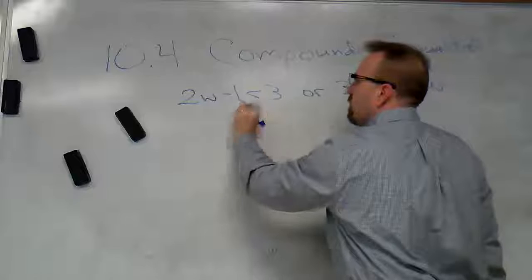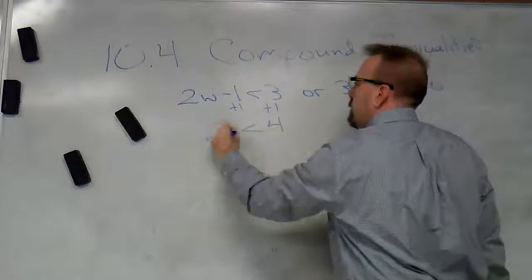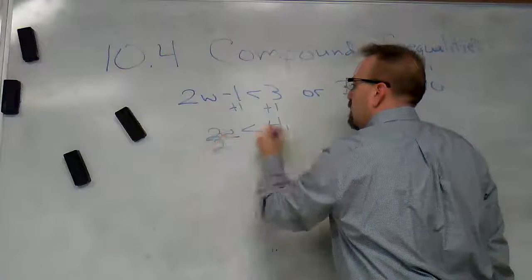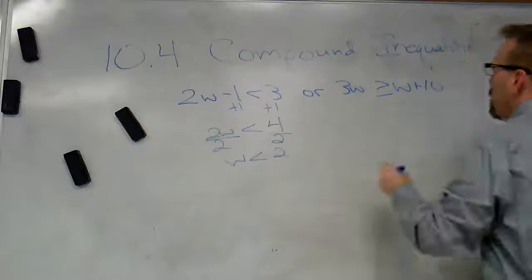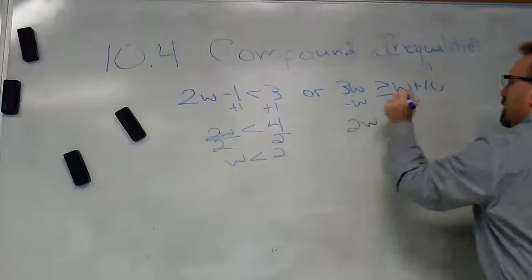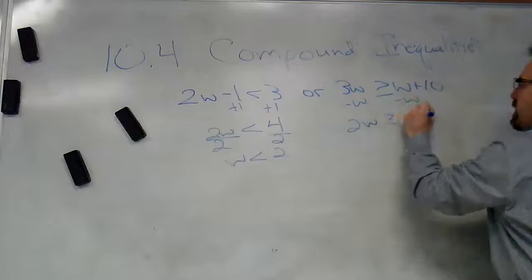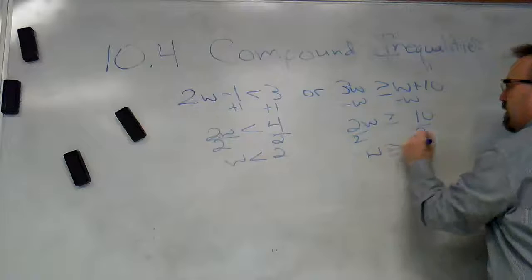But here to solve, we want to get rid of our addition or subtraction. So 2w is less than 4. Divide by 2: w is less than 2. 2w is greater than or equal to 10. Divide by 2. W is greater than or equal to 5.